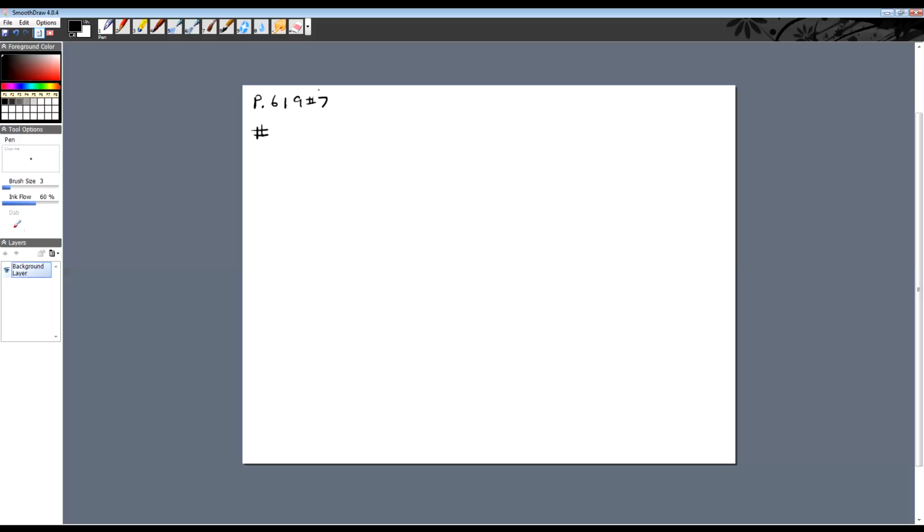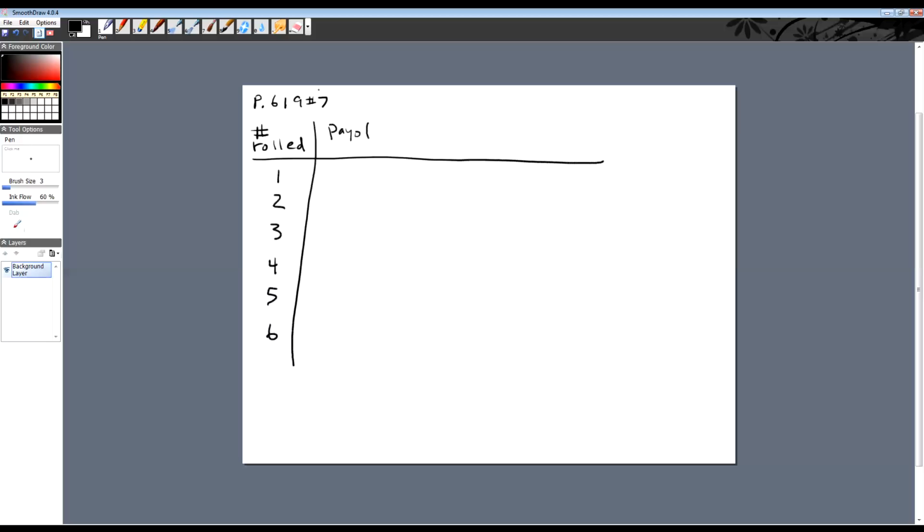So let's say the number rolled, there are 6 numbers. So we roll 1, 2, 3, 4, 5, or 6. Okay. Now the payoff, we have to reread the problem for. What's the payoff going to be? If an even number of spots turns up, you receive as many dollars as there are spots up. So if we get an even number, we get that number of dollars.